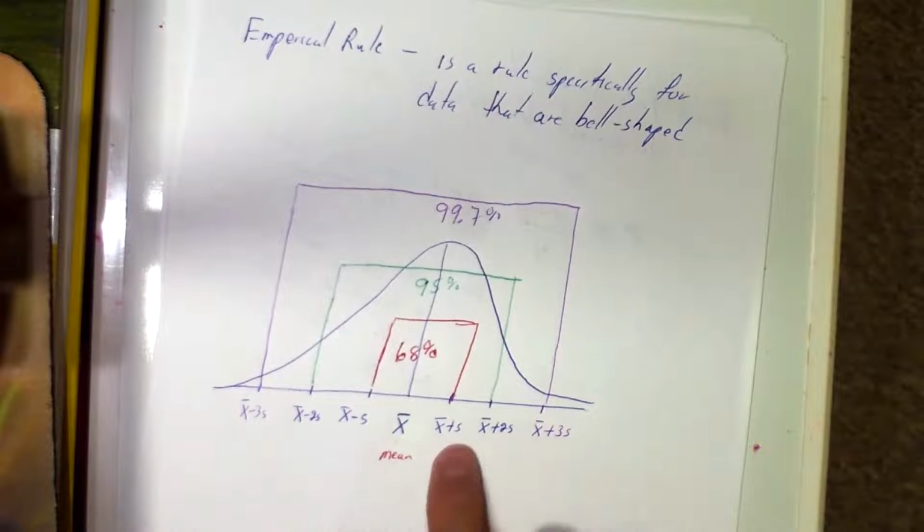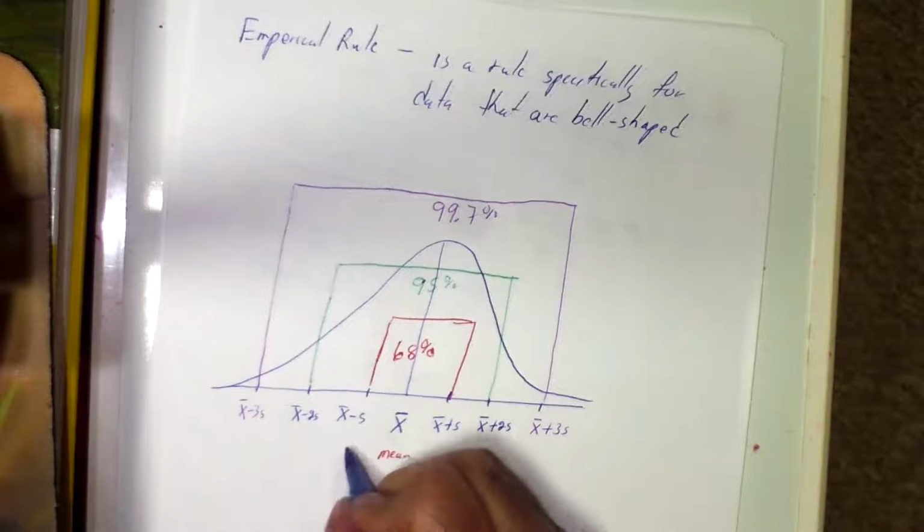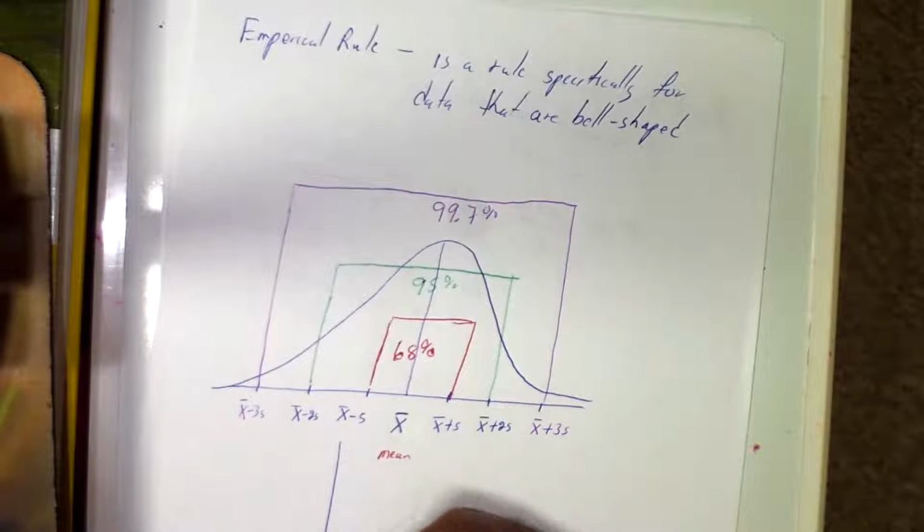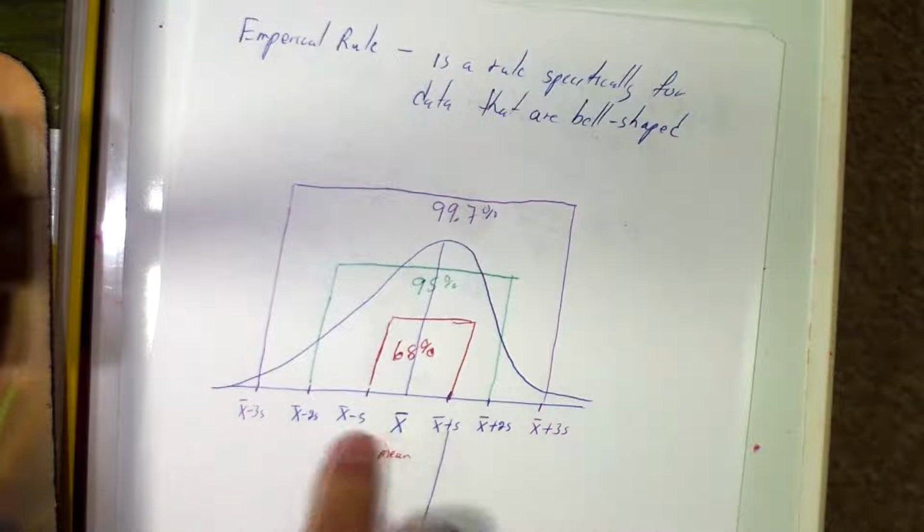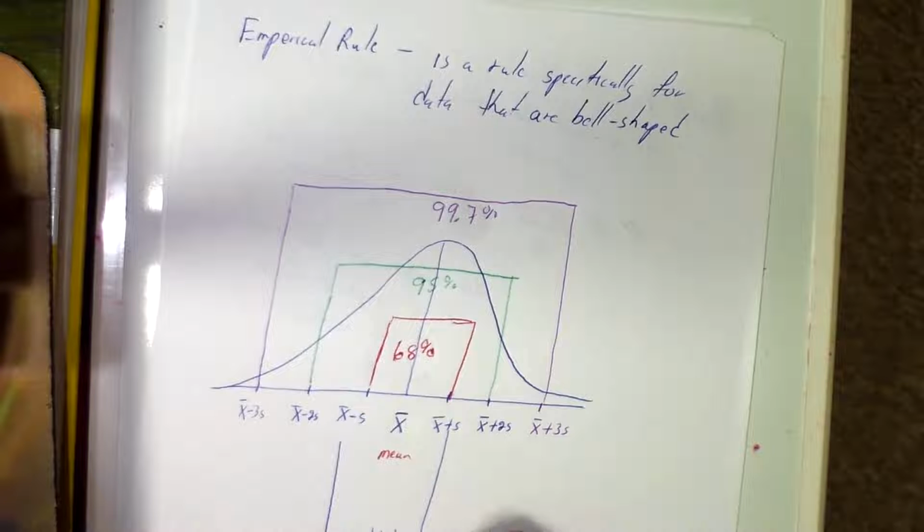So when we do 1 standard deviation from the mean, that's this distance from the mean on both sides.